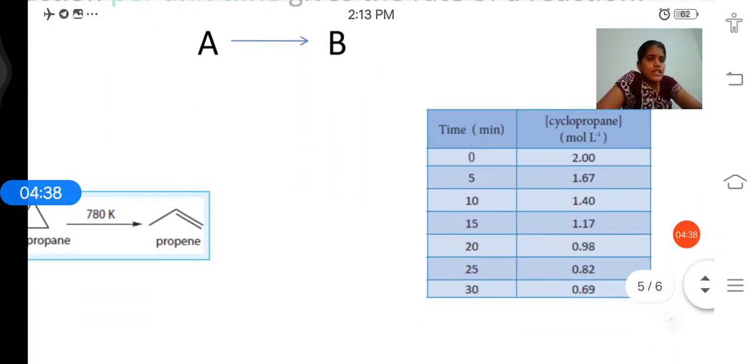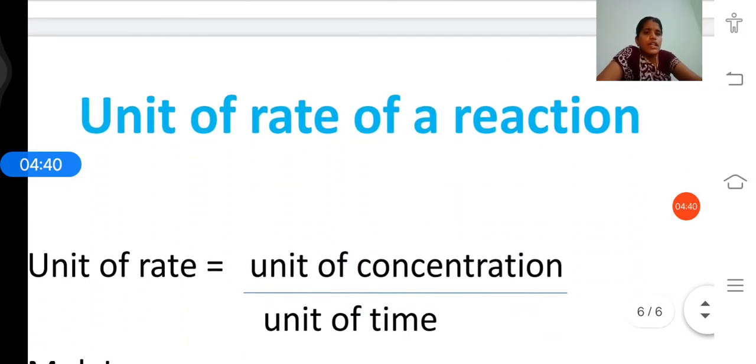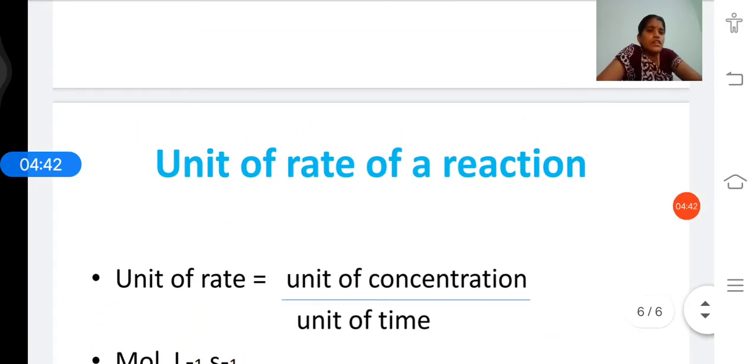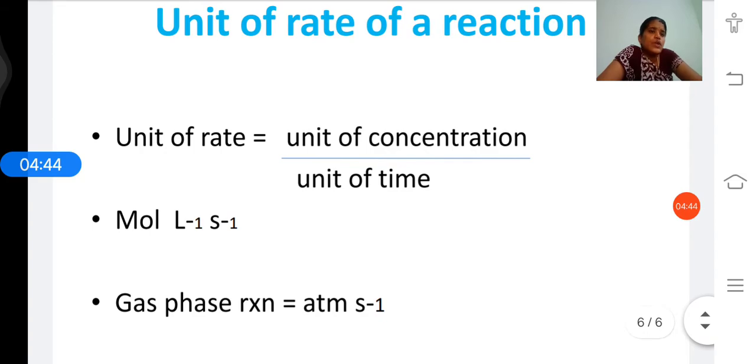Do you understand? The next one is the unit of rate of reaction. Unit of rate is equal to unit of concentration divided by unit of time. So the unit of concentration you already know.